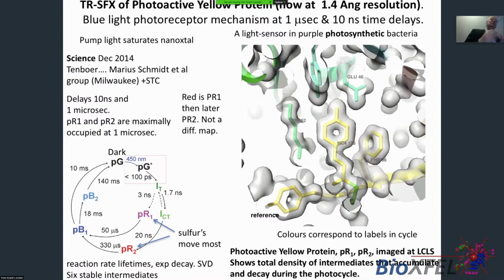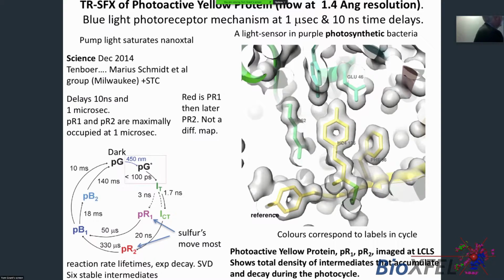Now, if you want to make a true molecular movie and see how the atoms jump around when a molecule changes from one molecule to another, you would need to do it by modeling. But we have important information here to base that modeling on because it shows us, as it were, the initial and final state in the kinetics between these stable intermediate phases. So the stable intermediates are labeled here, these symbols like PR1, ICT, PB1, and so forth.